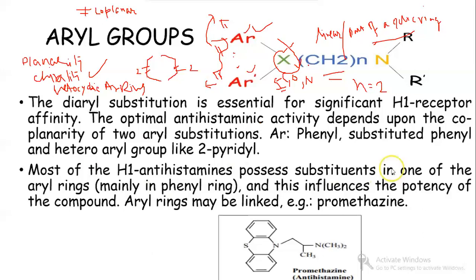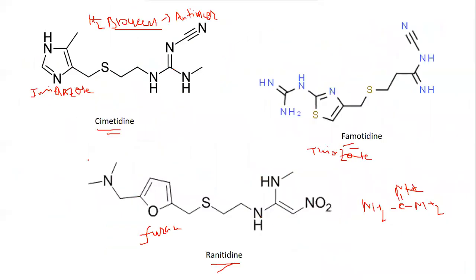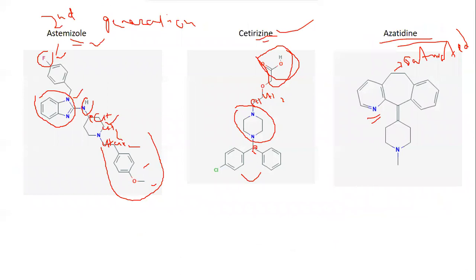If this X is chiral, for example, if I go back to cetirizine, you see this carbon is chiral, because this carbon is flanked with 4 different groups. There is one chlorophenyl, one phenyl, one nitrogen, and of course its own hydrogen. So 4 different groups are attached, so this carbon is a chiral carbon.